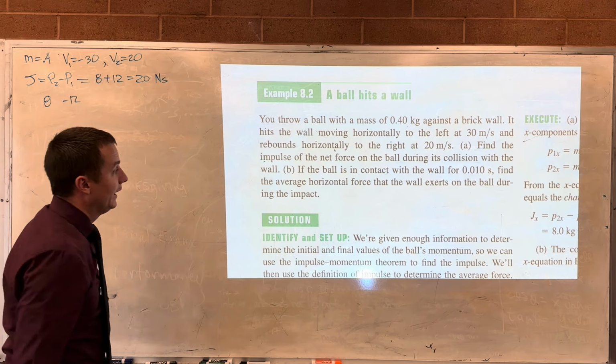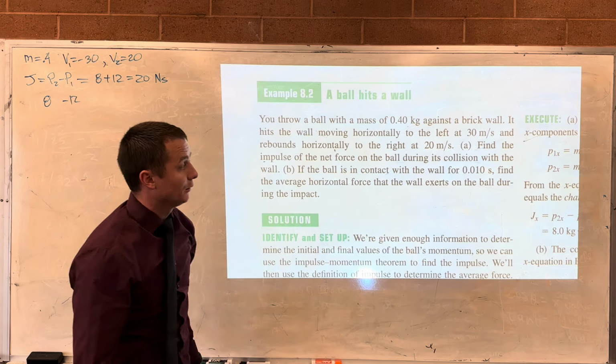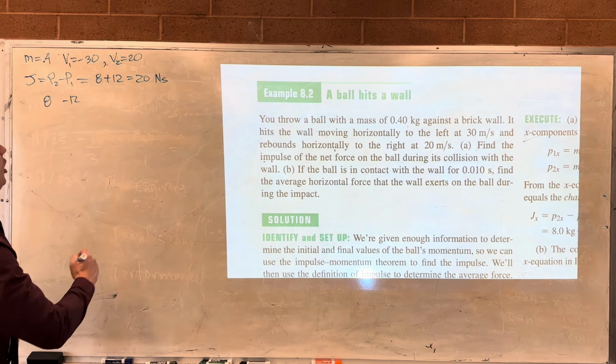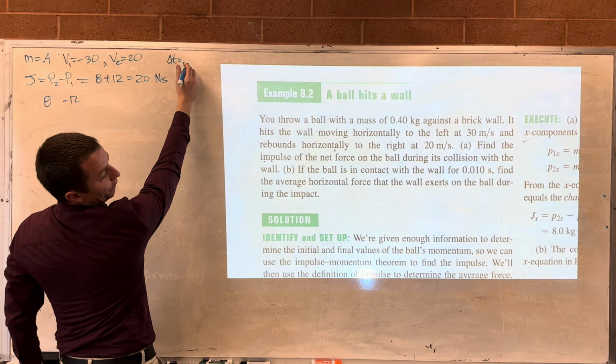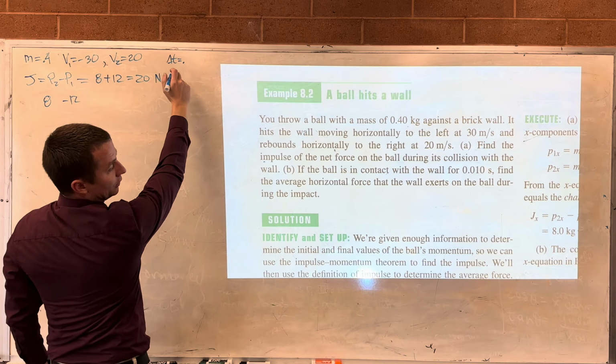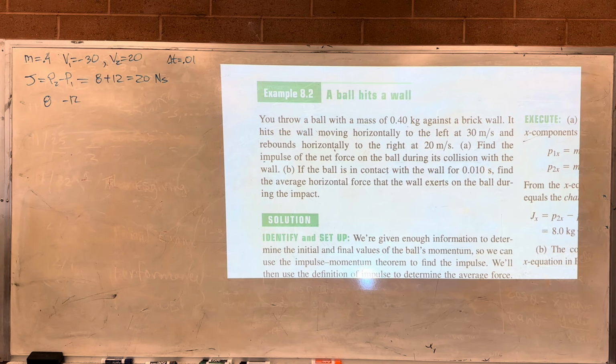Okay. And now, what was our next one? If the ball is in contact with the wall for that amount of time, so our small delta t here is equal to 0.01, then what is our average force? Now going all the way back, our average force is equal to our impulse divided by time.